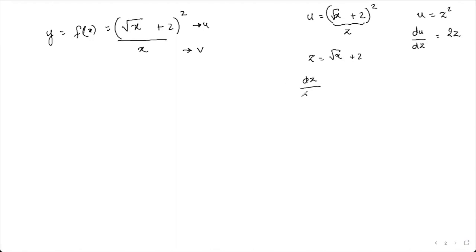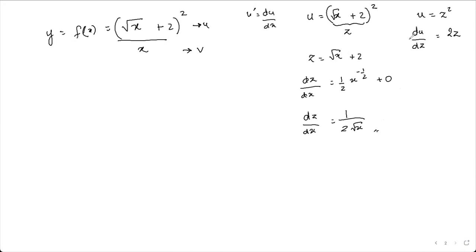So dz/dx is equal to half x to the power negative half plus 0. Derivative of the constant 2 will be 0. Always, derivative of a constant is 0. So dz/dx is equal to 1 over 2 x to the power half, which is 1 over 2 root x. Now, what is du/dz? Because what I need is actually u prime, and u prime means it is du/dx.